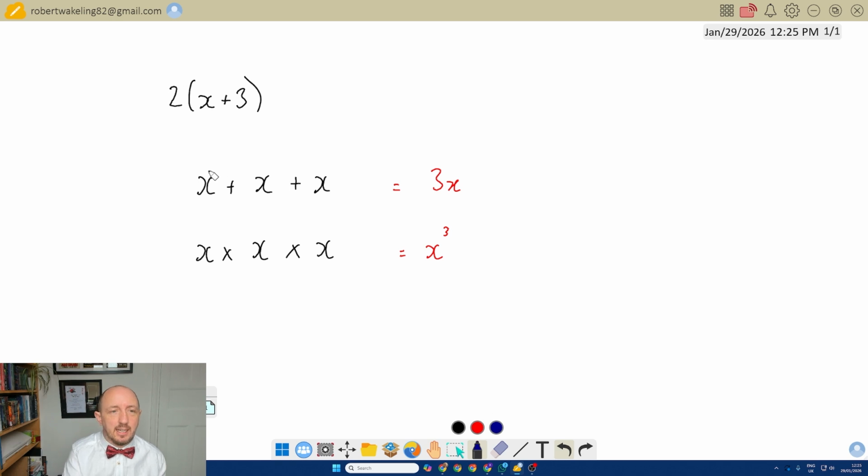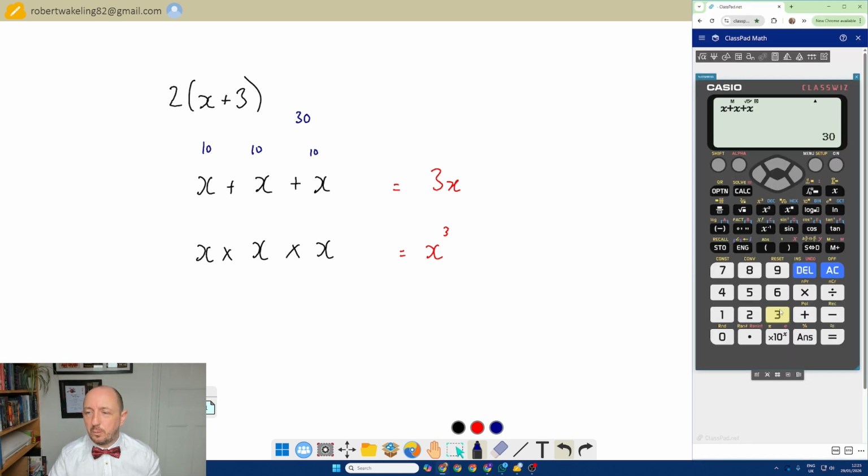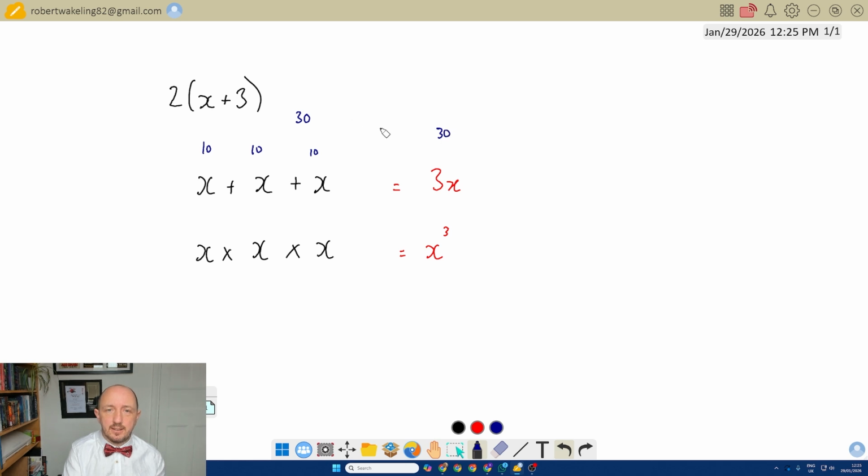So the calculator has replaced x with 10, 10 plus 10 plus 10, and it's told us the answer is 30. We do the same thing with our answer, 3x, calc, and use the same value of x. We're going to keep the 10, 30. So 30 and 30 match, so we know that this is 100% correct.